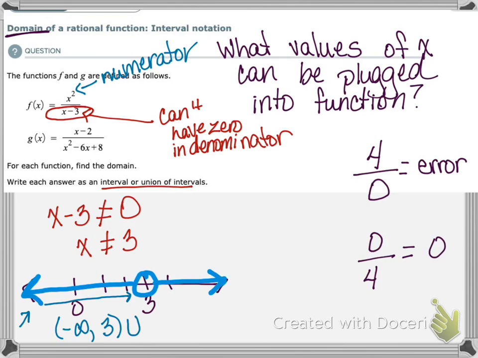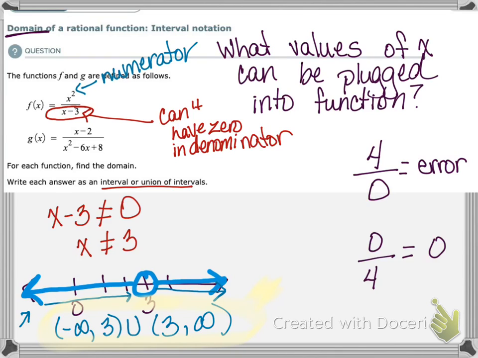Then the second part, so union means or. Now I start at my 3 because I'm going in my number line left to right, and then I'm going to positive infinity. So the actual answer to the first problem is this down here, written in interval notation.